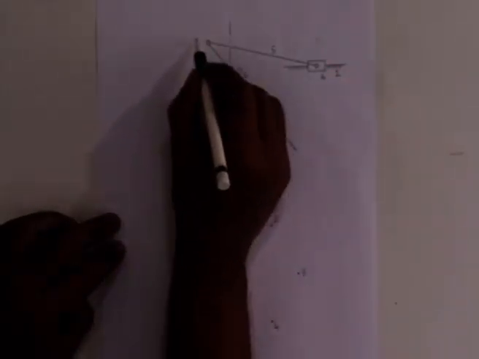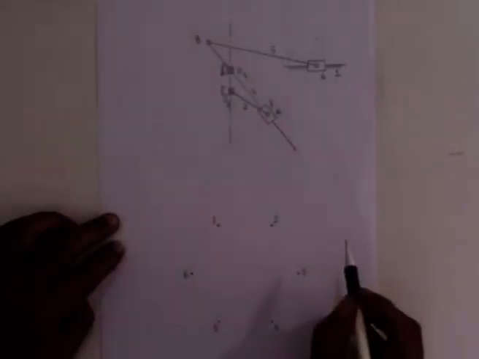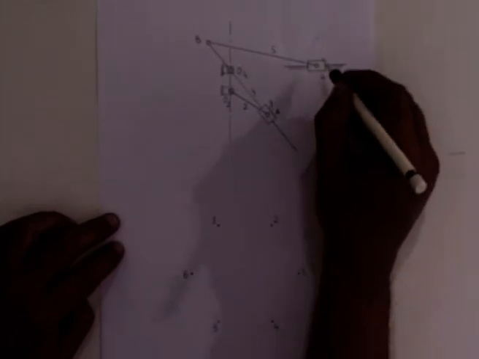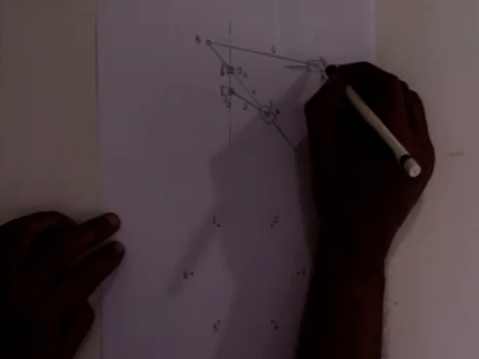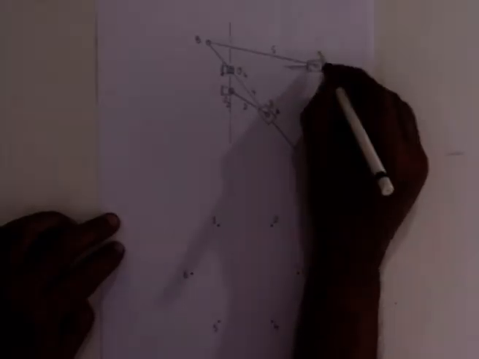Then link 4 is connected to link 5 by a revolute pair at the point B, and link 5 is connected to the tool holder, that is link number 6, at the point C.